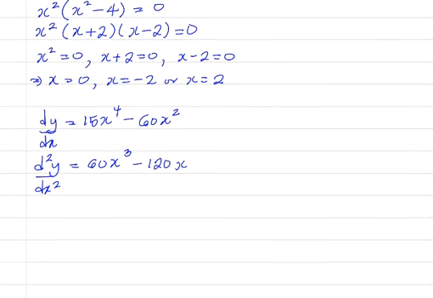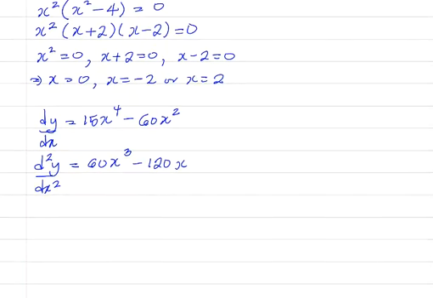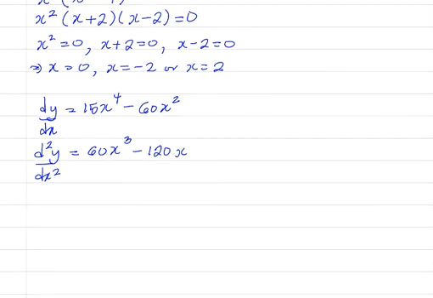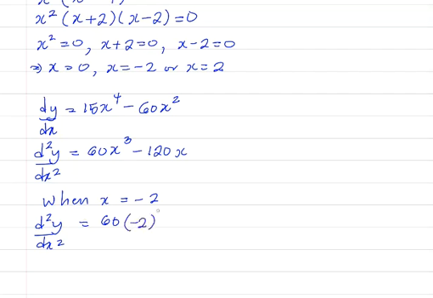Now let's classify the stationary point at x is equal to minus 2. So when x is equal to minus 2, d2y by dx squared is equal to 60 times minus 2 cubed minus 120 times minus 2.